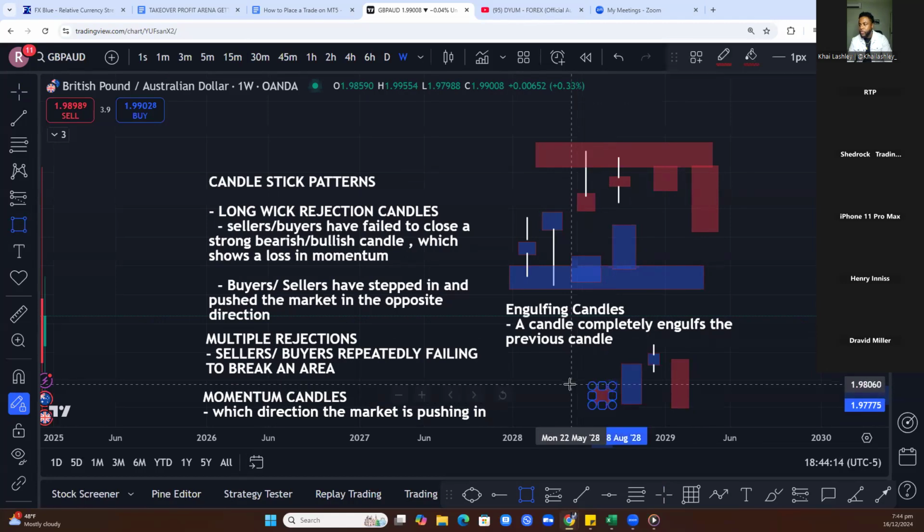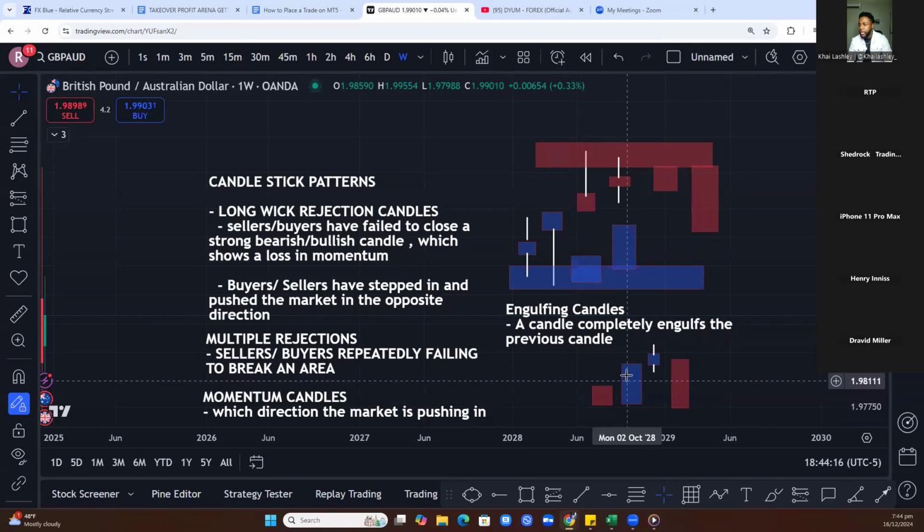So you would see, for example, here, this buy candle completely taking out this previous sell candle. Or it may even be a previous buy candle, just a very small buy candle being completely pushed out by another big candle afterwards.